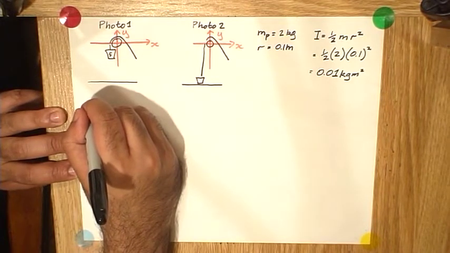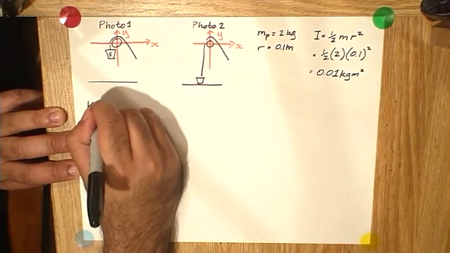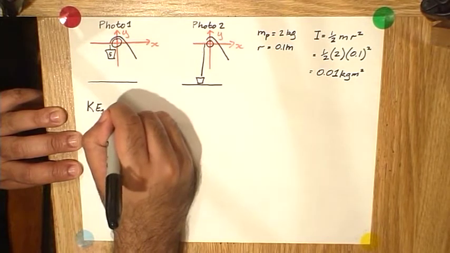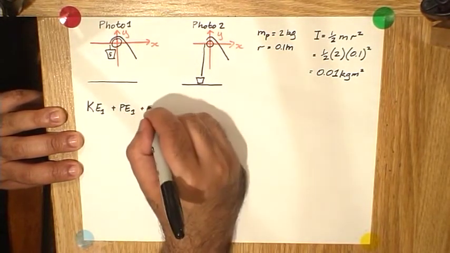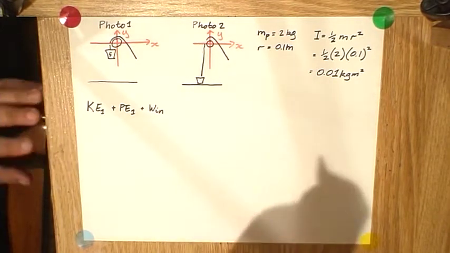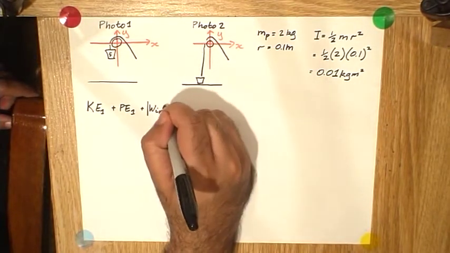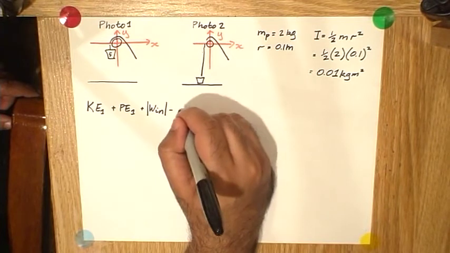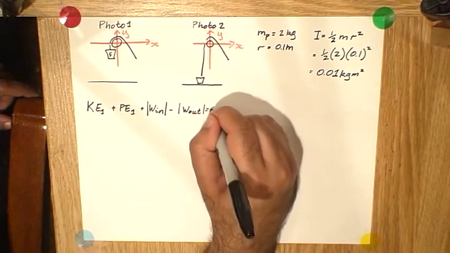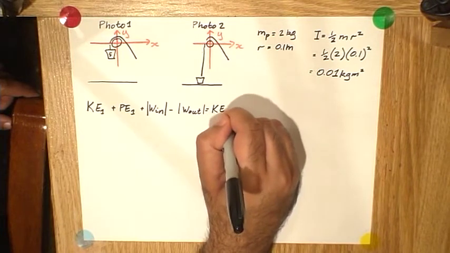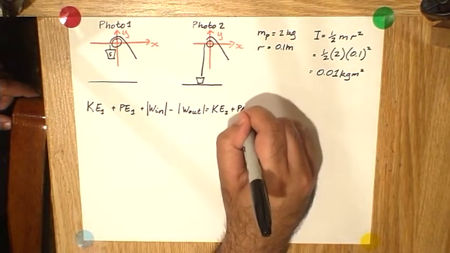In conservation of energy, we are saying that KE1 plus PE1 plus the work in from any forces minus the work out from any forces, like friction, is equal to KE2 plus PE2.